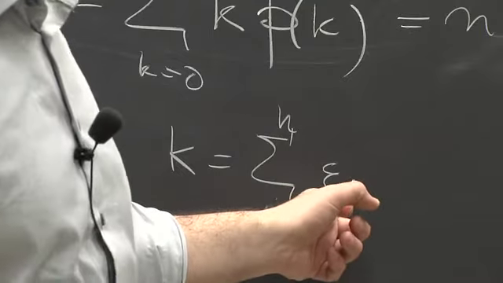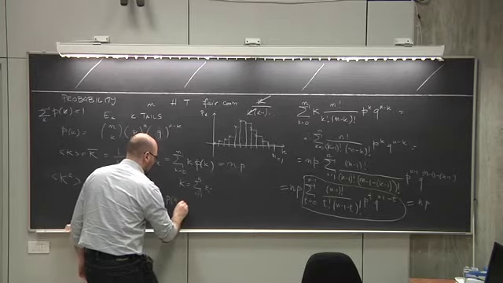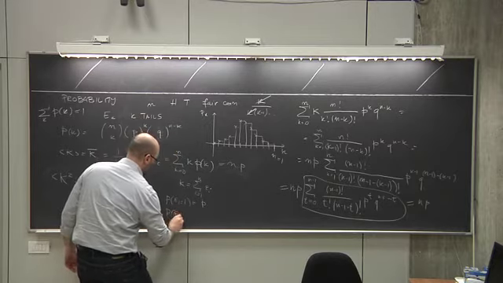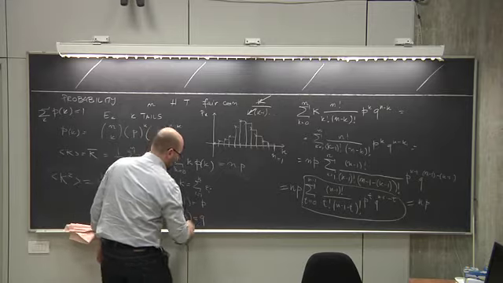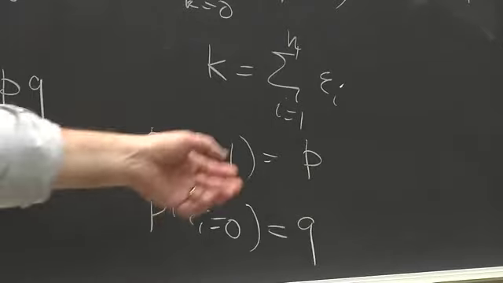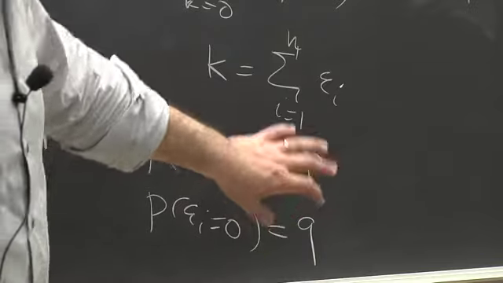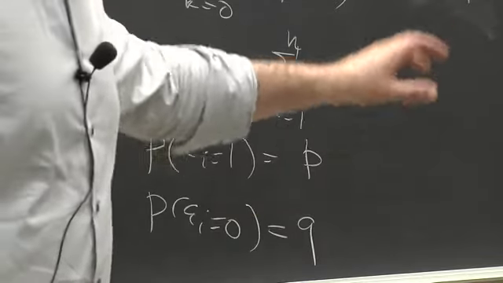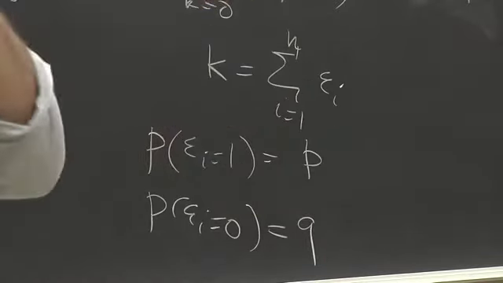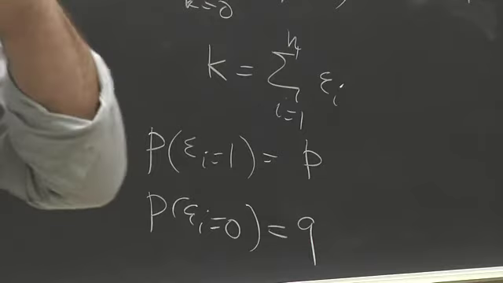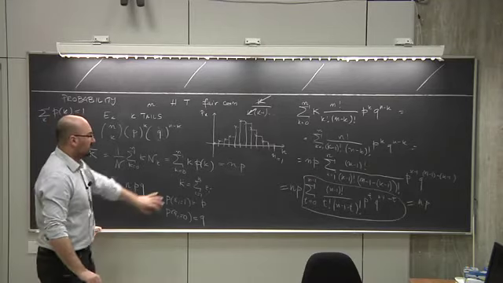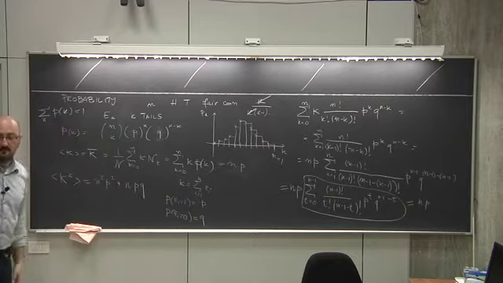In each of these variables, the probability of having epsilon i equal to 1 is equal to p. The probability of having epsilon i equal to 0 is equal to q. There are other ways in which you can do this. And these are independent events. So the probability of epsilon 1 being equal to 1 and epsilon 2 equal to 0 is the product of the two probabilities. So this is another way you can compute this quantity.